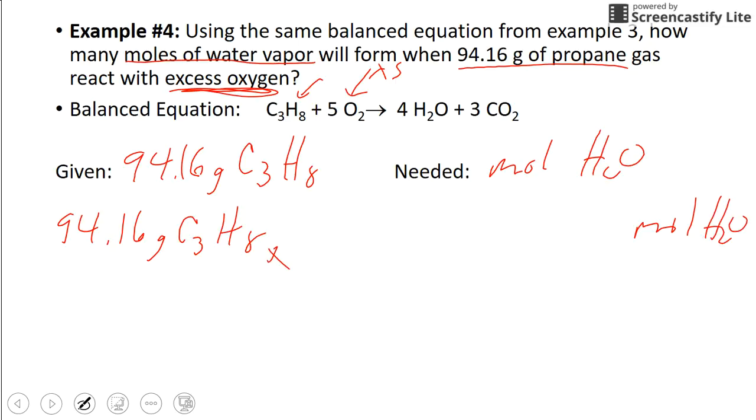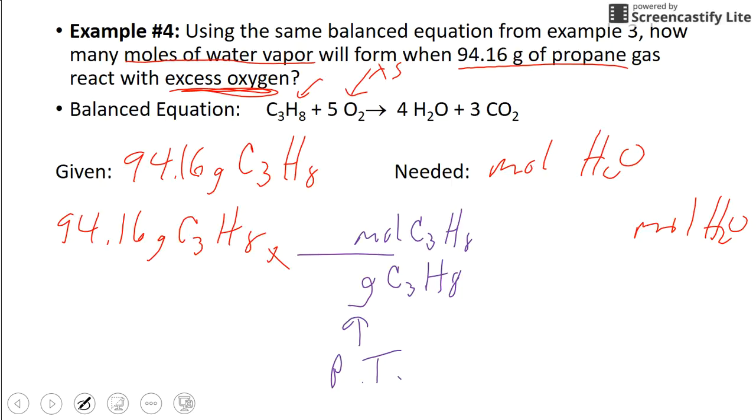The first thing we do is we got to get rid of grams C3H8, and we got to go to moles C3H8, because we can't go right to moles of water. We have to first do C3H8. And this gram to mole relationship comes from the periodic table. And if we look at carbon, there are 3 carbons.